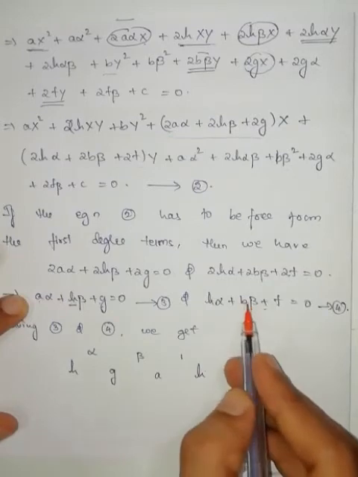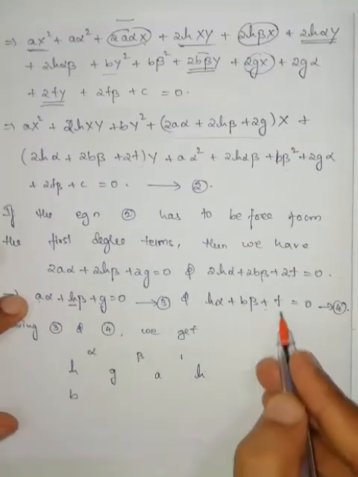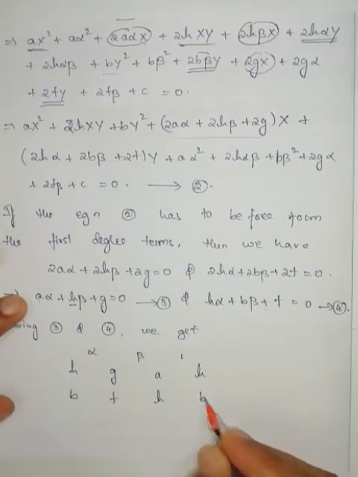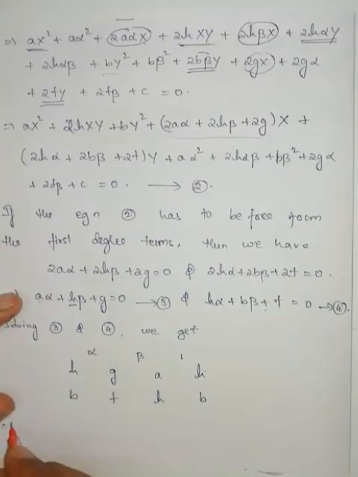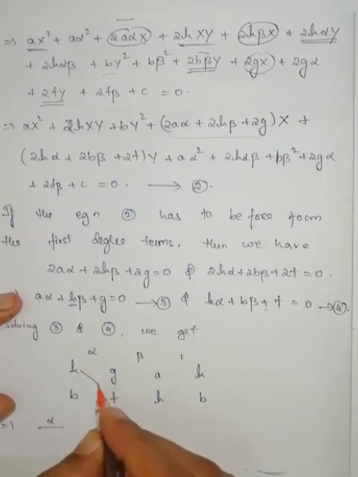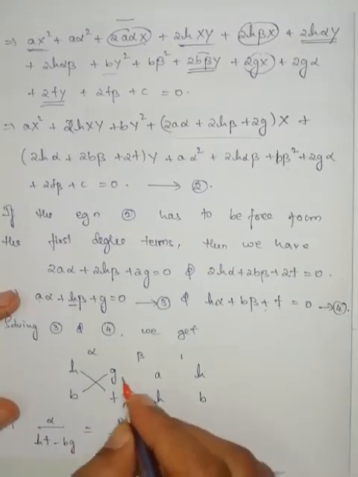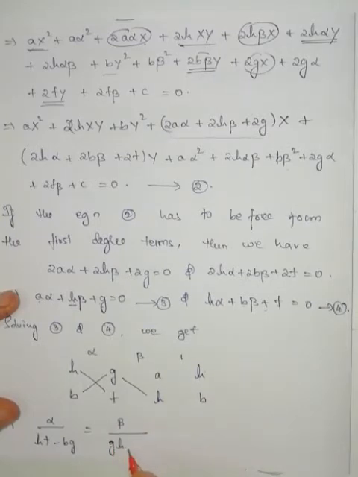Same thing here, first b, then f, then h, then b. This implies alpha by hf minus bg, which is equal to beta by gh minus af, is equal to 1 by ab minus h square.